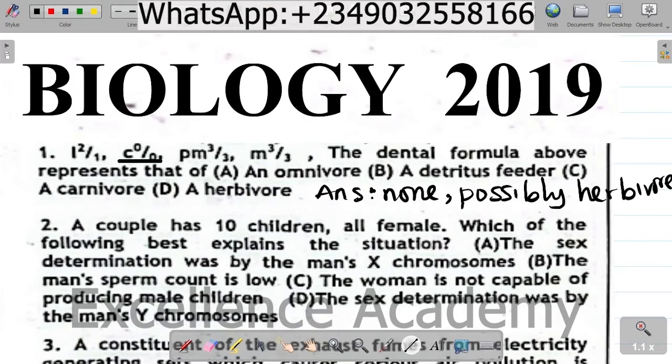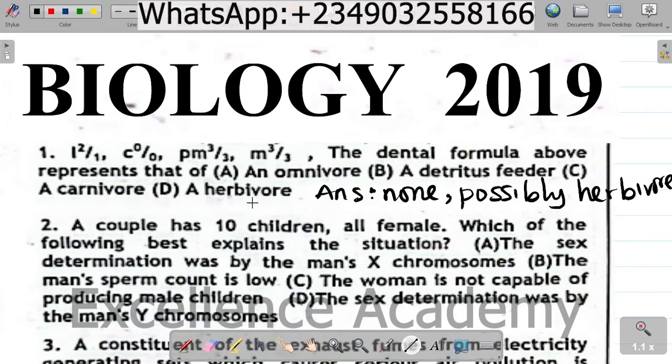The right formula for the herbivore is 0/3, 0/1, 3/3, which gives a total number of 16 on either the upper jaw or the lower jaw.